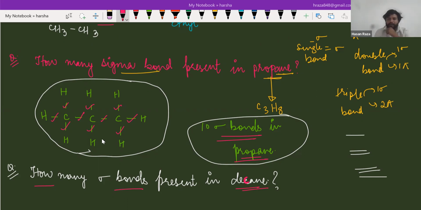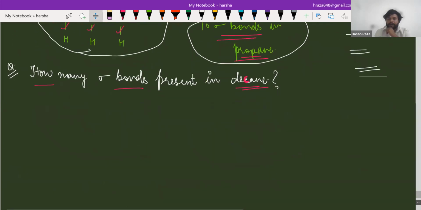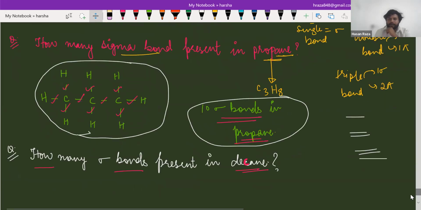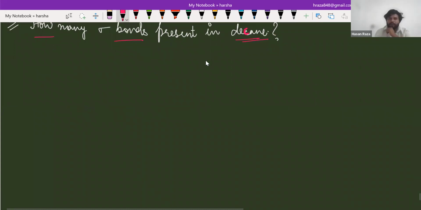Did anyone calculate the number of sigma bonds in decane? Martin, yes, sir. Did you write the structure of decane first? What is the chemical formula of decane? Dec means number of carbon 10.